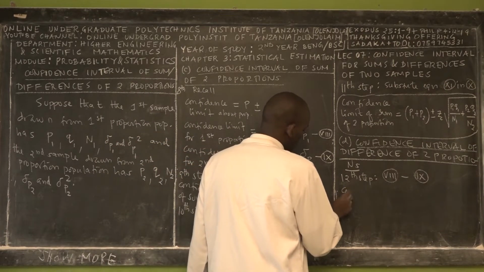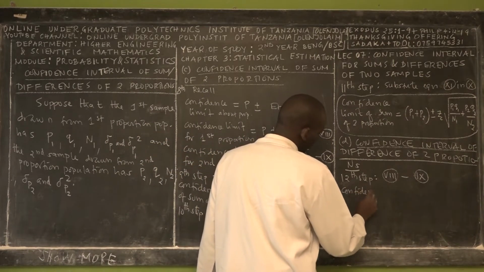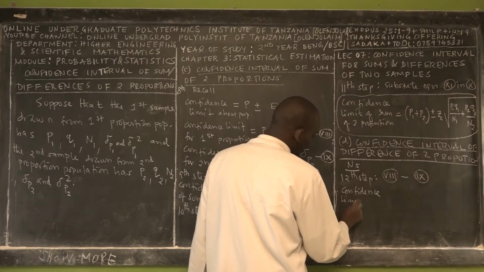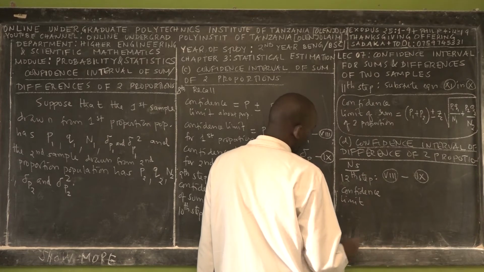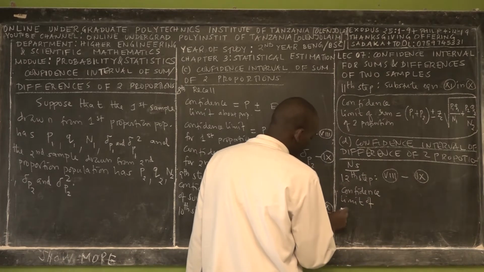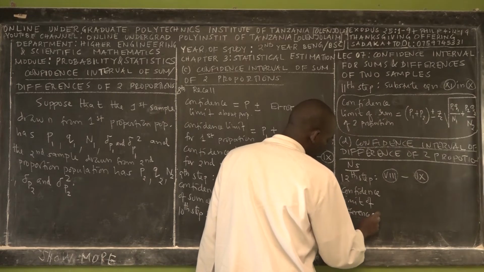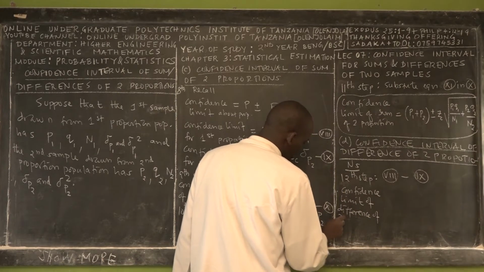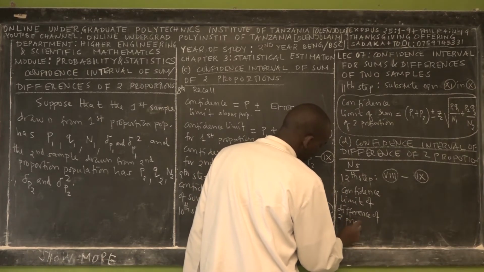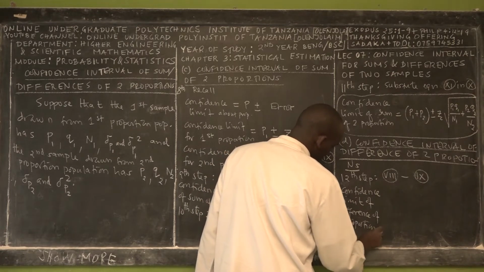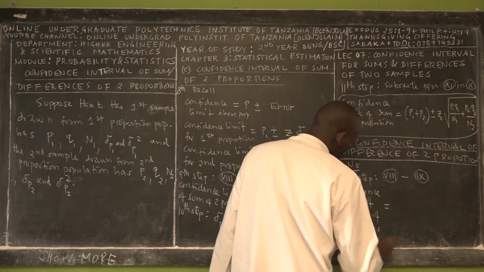So from there, we get what? Confidence limit of difference of two proportions is equal to what?